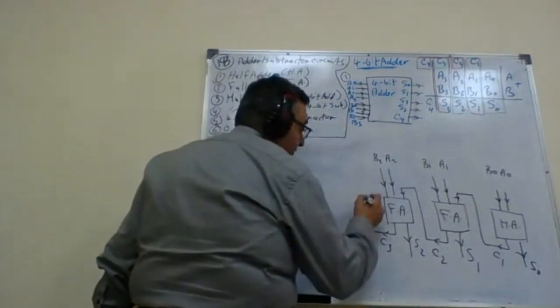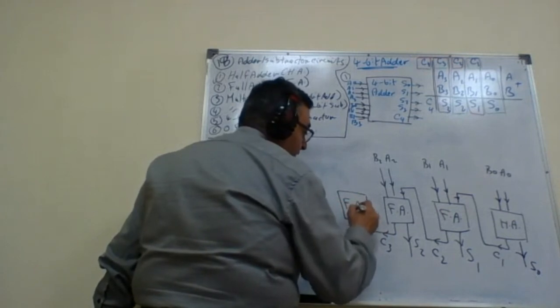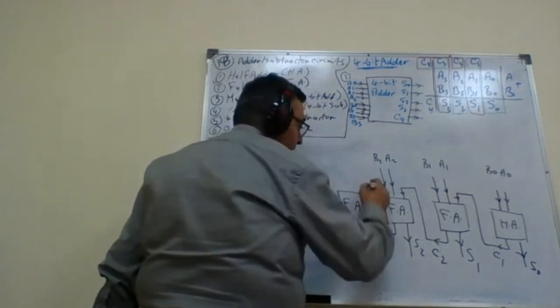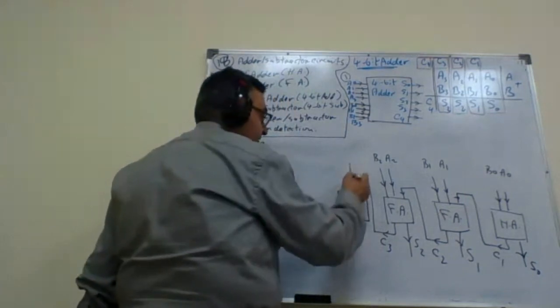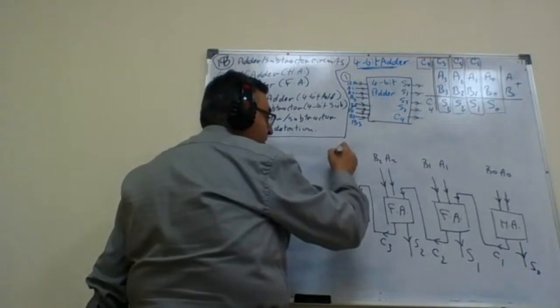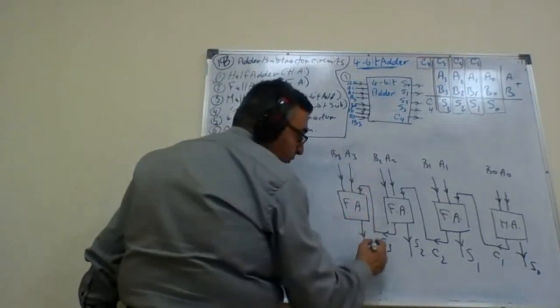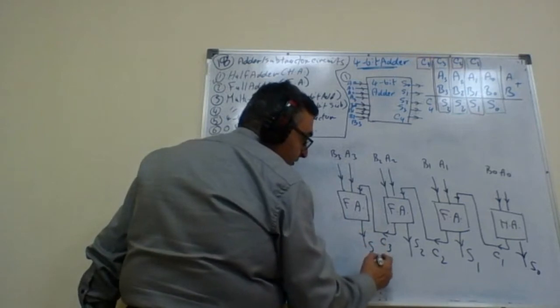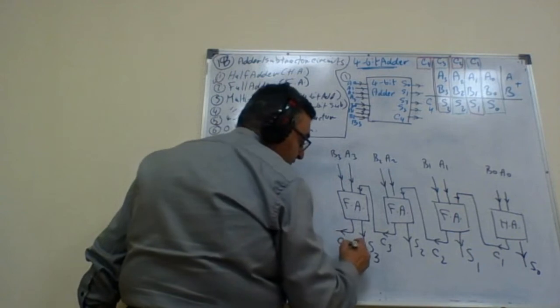One more time, I need a third block that takes the input from the previous stage and takes A3 with B3, adds it to the C3 to give me the outputs S3 and C4.